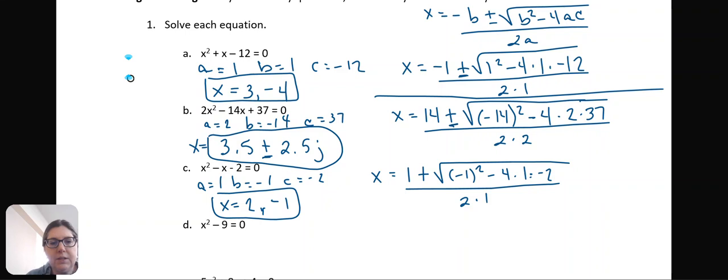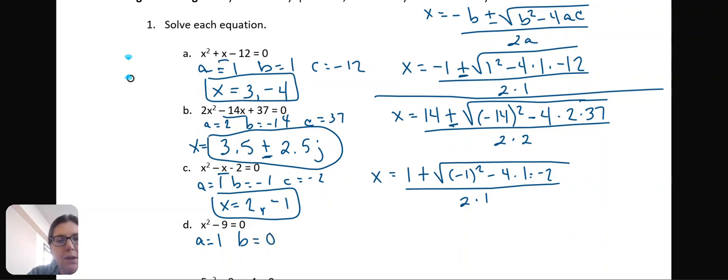Okay, D is a little bit different because D is missing a term. So the key here is to make sure you know which one it's missing. A is 1 because A always comes from the squared term. This particular one, there's no X, and so that's what's missing. So that is our B term. So we're going to use 0 because it's missing.